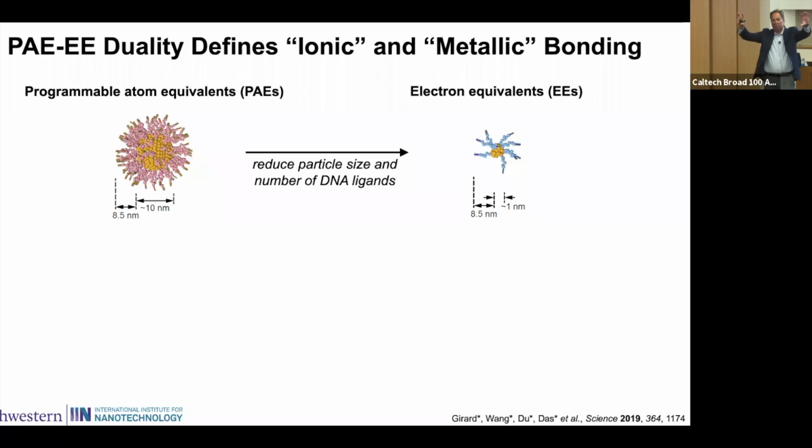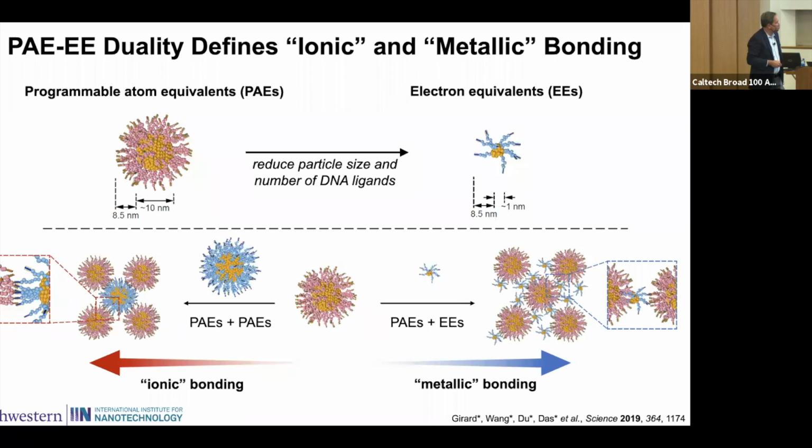Well, in this model that I've given you, the DNA arranges the particles in space, and they are locked into particular lattice sites with the oligonucleotide tethers. When you have an electron equivalent, these become mobile within a sea of larger particles, a lot like bonding in metals.